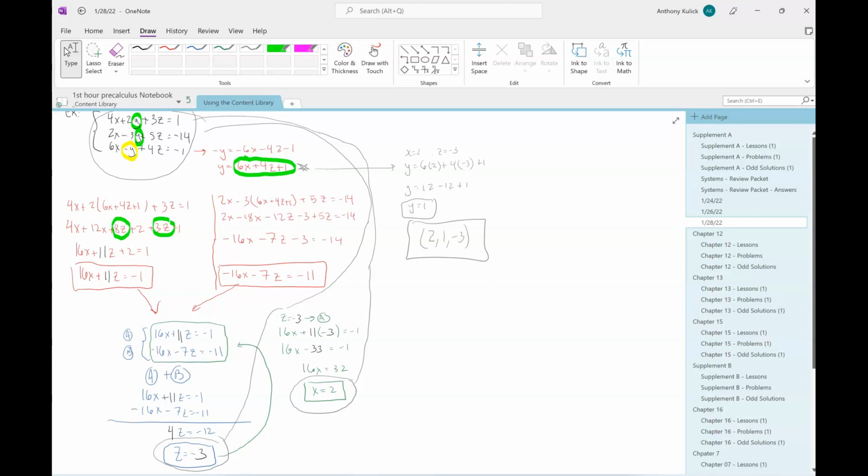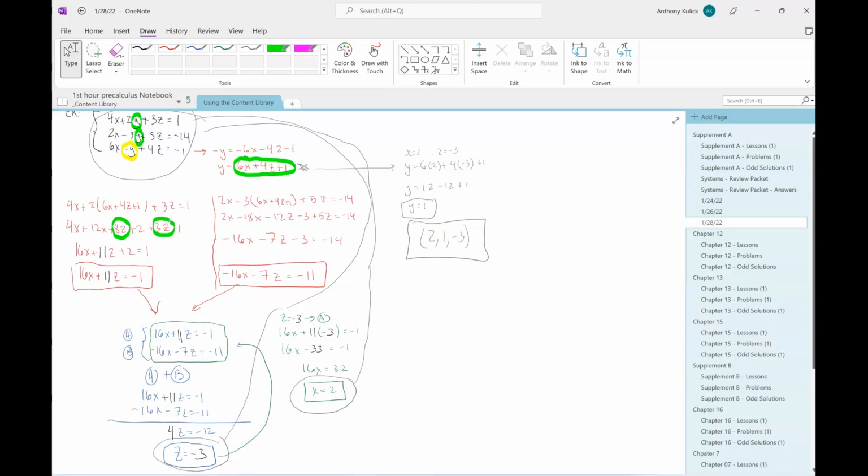So just to rehash what we did here from a high level. We chose an equation and a variable to isolate. We used that isolated variable and substituted it into the other 2 equations in our 3 variable system. When I simplified, that gives me two variable equations, which formed a new system.